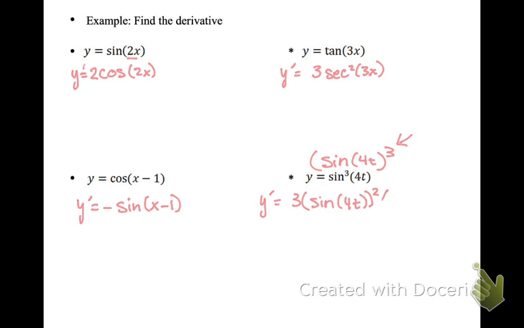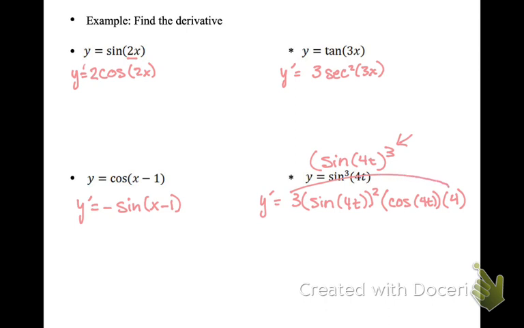So what's the next function? The sine of 4t, right? So then I get cosine of 4t. And what's the next? 4t, so I get 4. So now it's all multiplication, right?